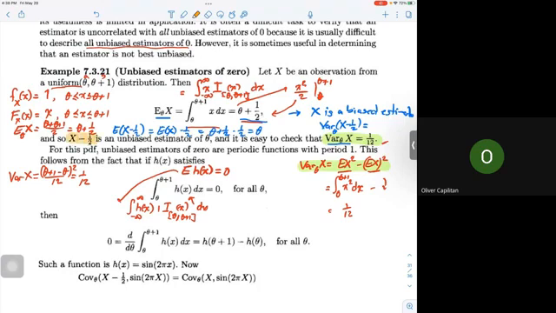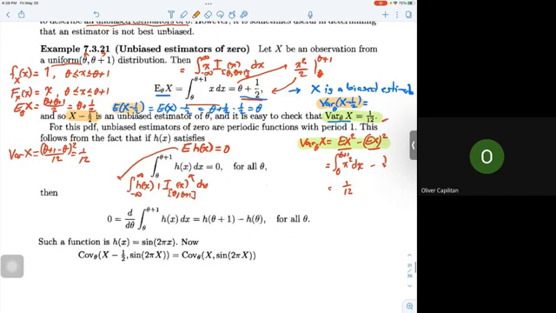Tapos, dahil dito, yung variance nitong unbiased estimator is equal to 1/12. Yan yung hinahanap natin. Ito yung mean, unbiased estimator siya. Okay. Yan yung gusto ko i-emphasize pala dyan. Hindi yung variance ng x lang. The variance of x minus 1/2. Okay, so next.